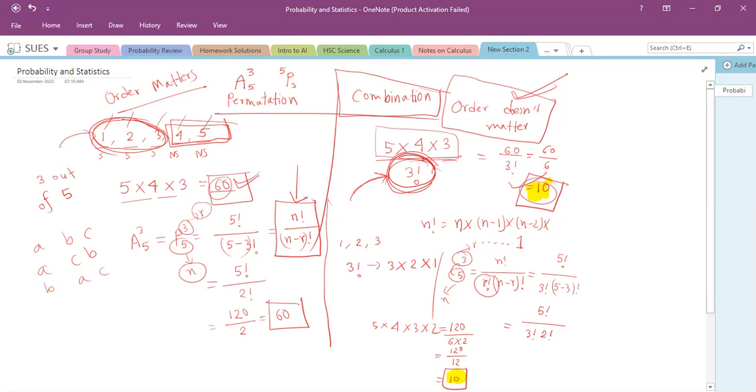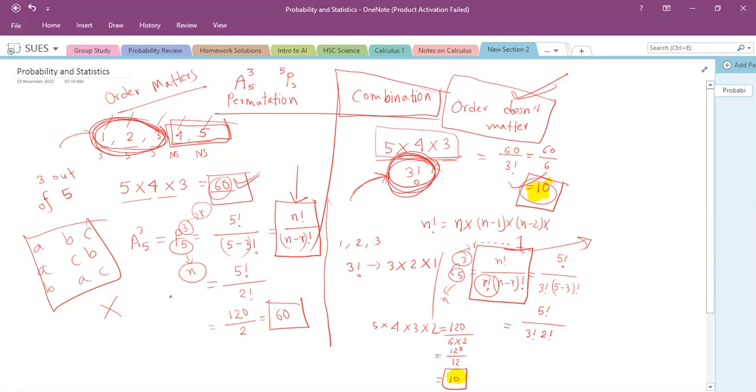If I divide by r factorial, the rearrange part gets cancelled, and we only get the main answer. So you can just use the formula n factorial by r factorial into n minus r factorial where you don't need to count the order. For example, here we just take any 3 numbers out of 5, but we don't rearrange them.